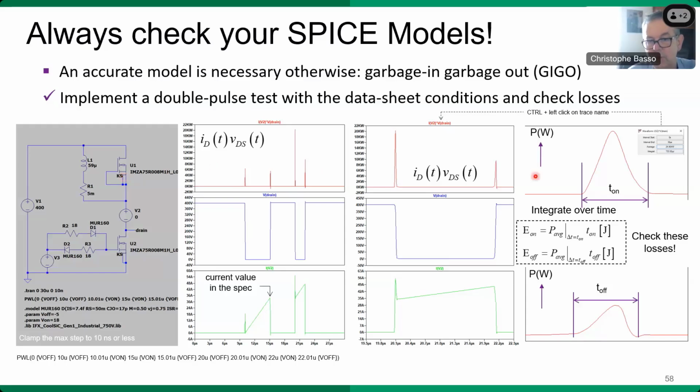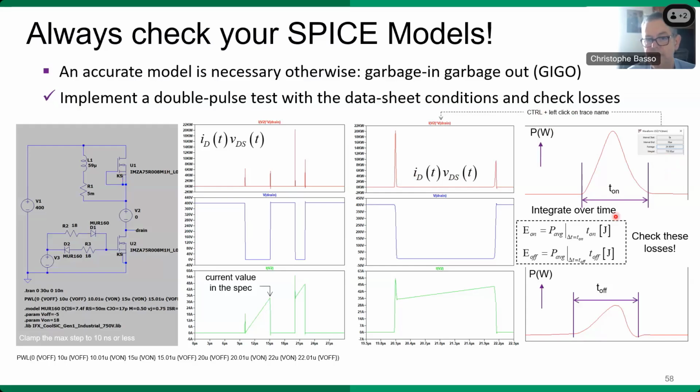And then, by running LTspice, you can plot the instantaneous power, so you multiply the drain current by the VDS voltage. You have a peak here, you zoom in, and then you press Control plus left click on the trace name, and you can have the average value.